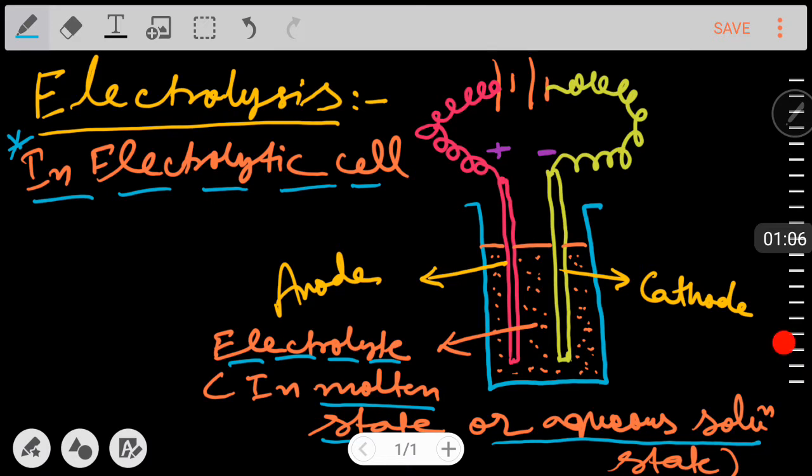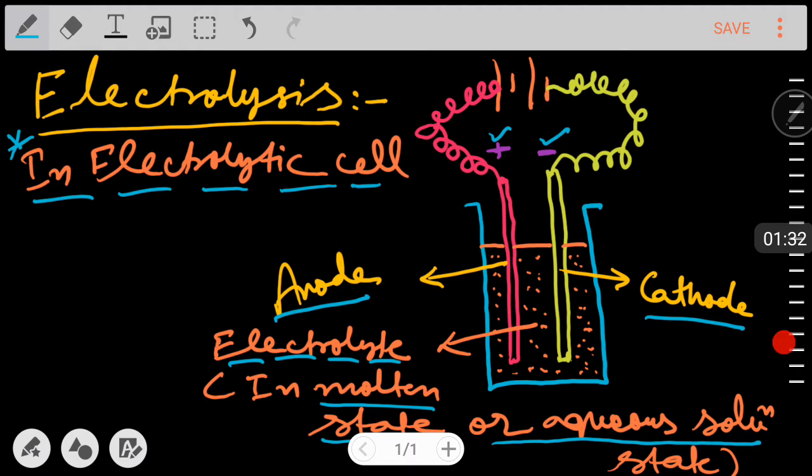In the electrolyte, we dip two electrodes. One electrode is called the anode and another is called the cathode. Anode is shown by red color and cathode is shown by green color. Anode is positively charged and cathode is negatively charged.